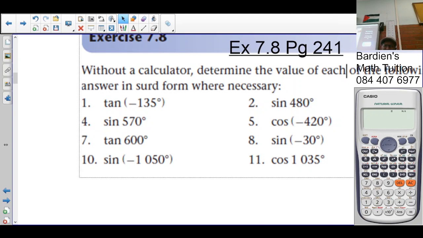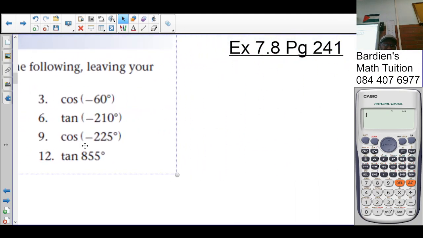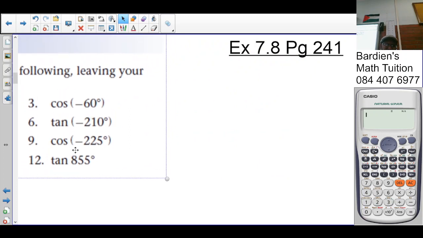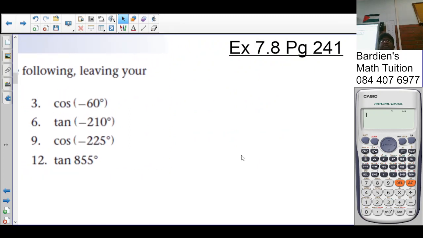Nothing. And the last column, 3, 6, 9 or 12? Number 9. Okay, so let's start with 9.